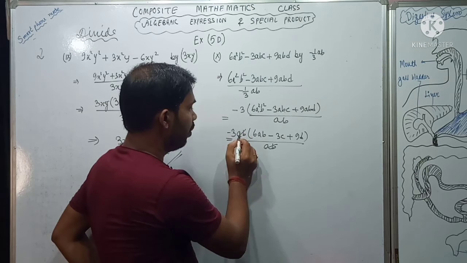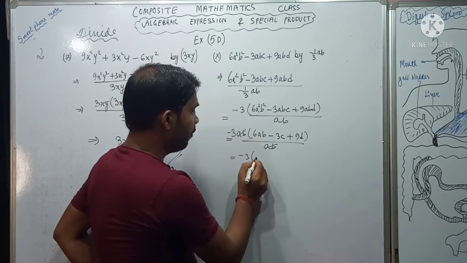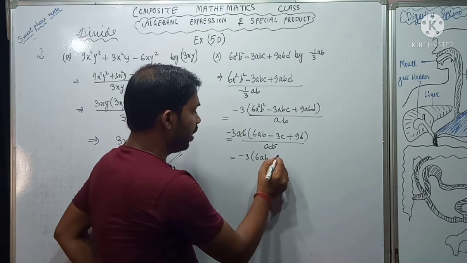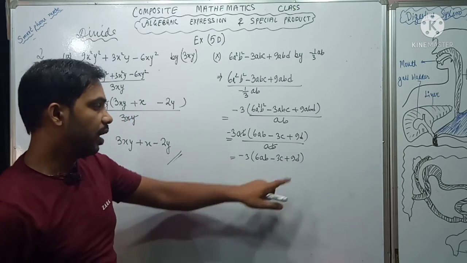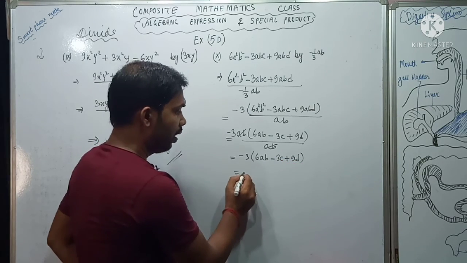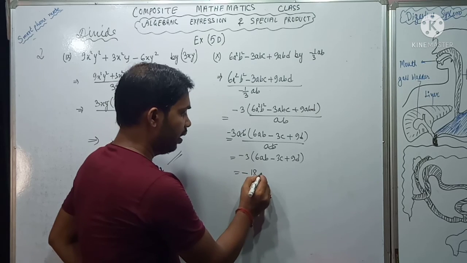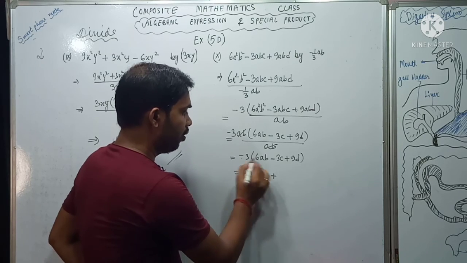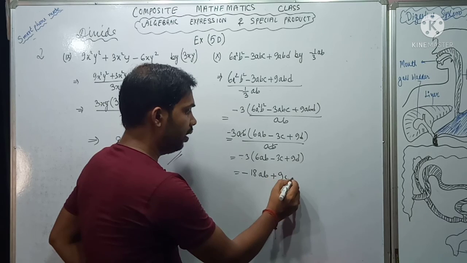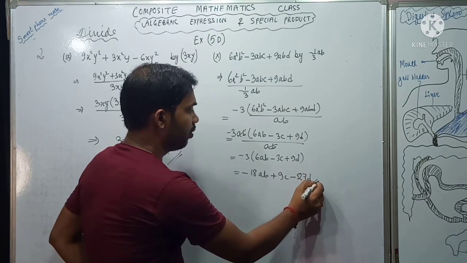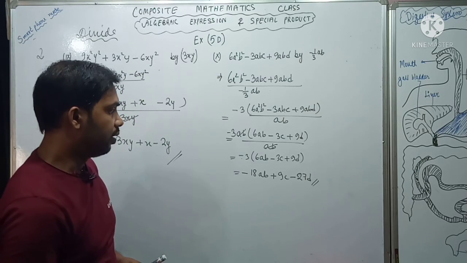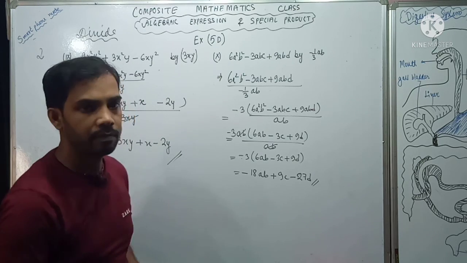So ab and ab are cancelled. It is minus 3 times 6ab minus 3c plus 9d. Now multiply this one. So it will be minus 18ab, minus into minus is plus 9c, minus 27d. So this is our final answer.